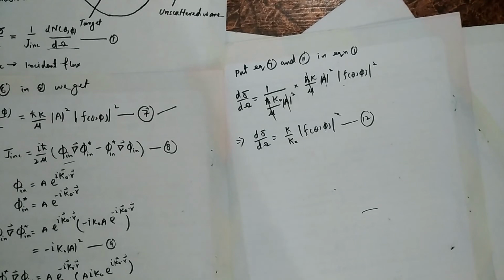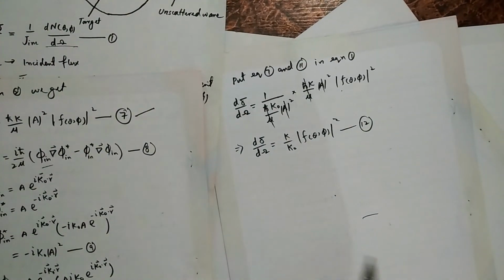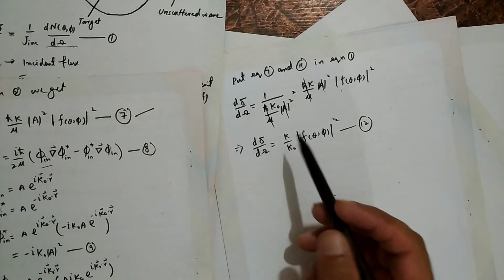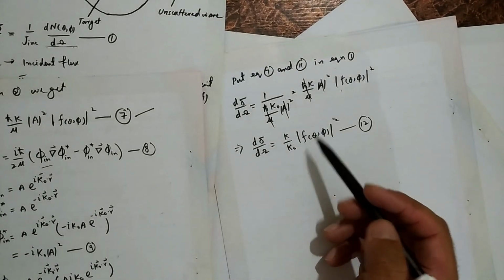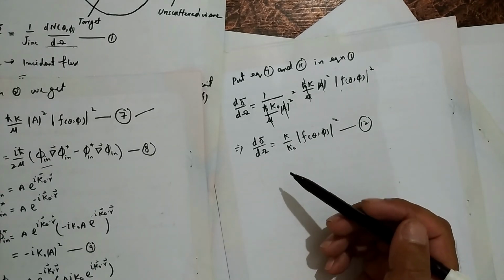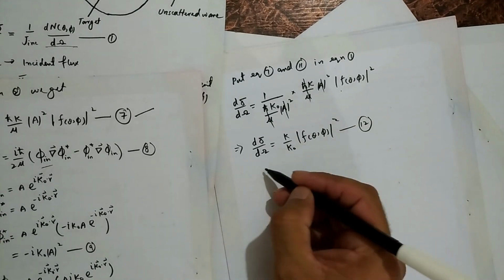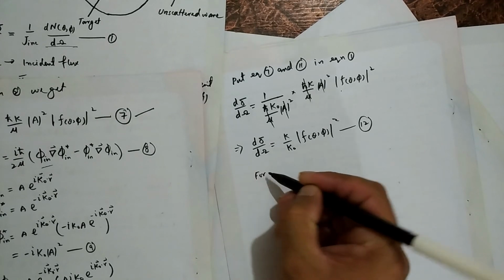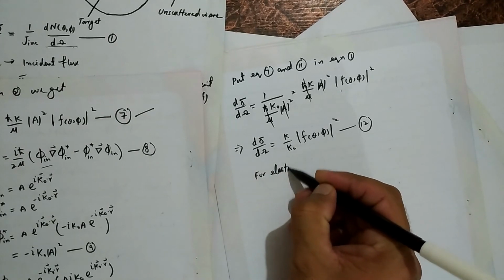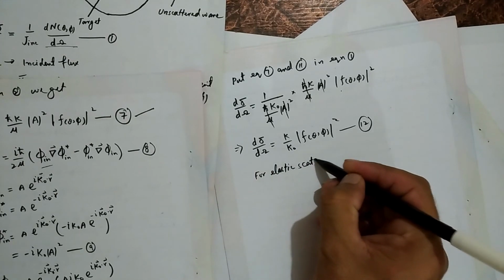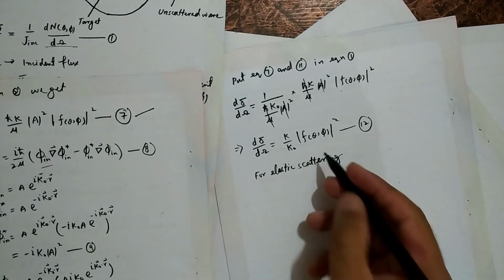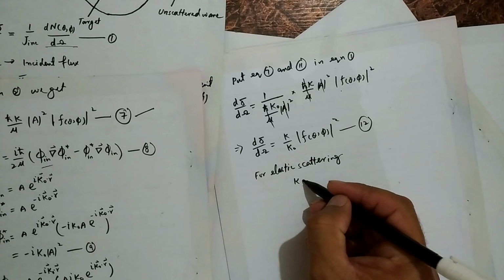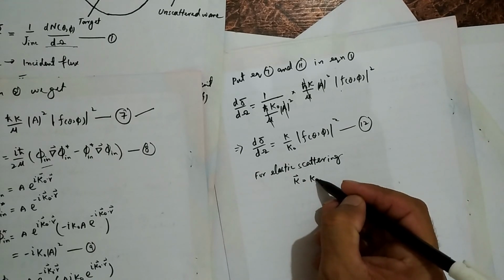So this is our final result which we have obtained, for the case of inelastic scattering. If the scattering is elastic, for elastic scattering, k is equal to k naught.